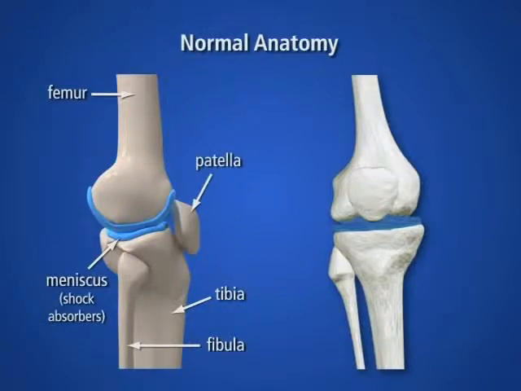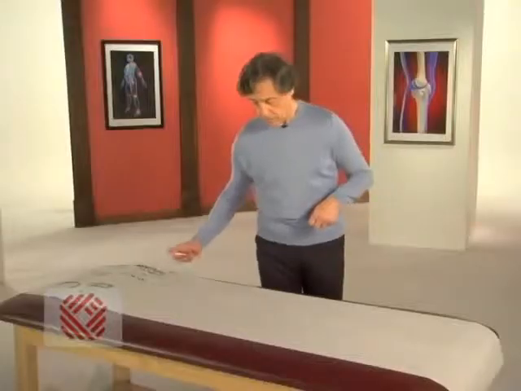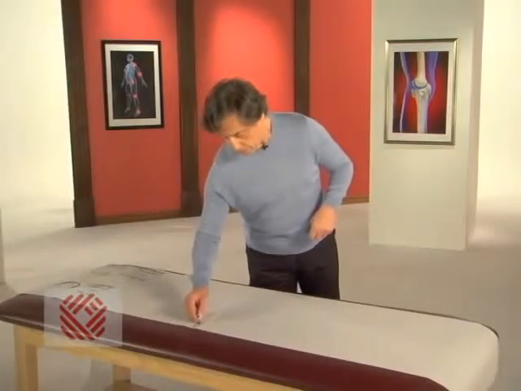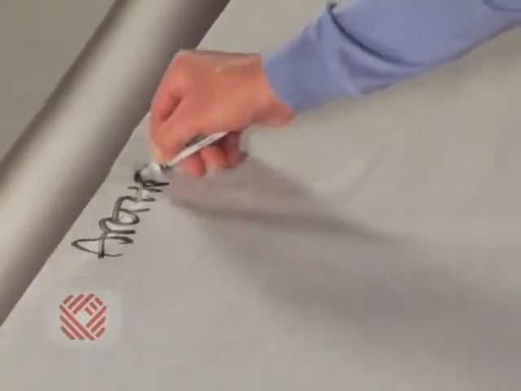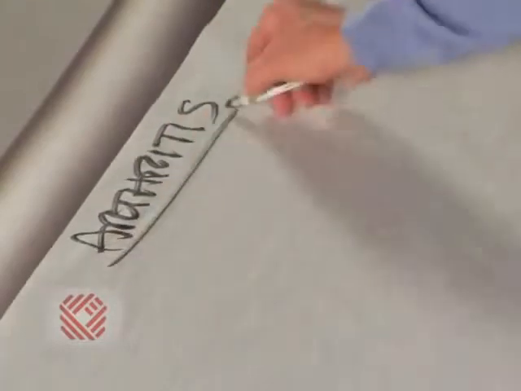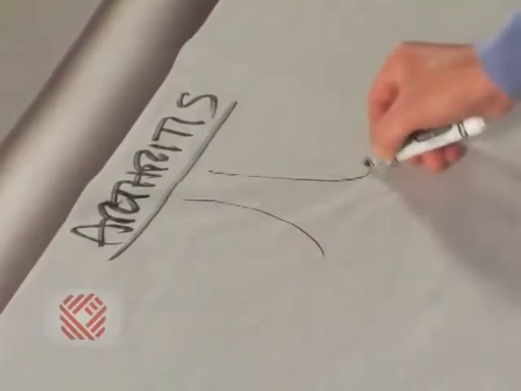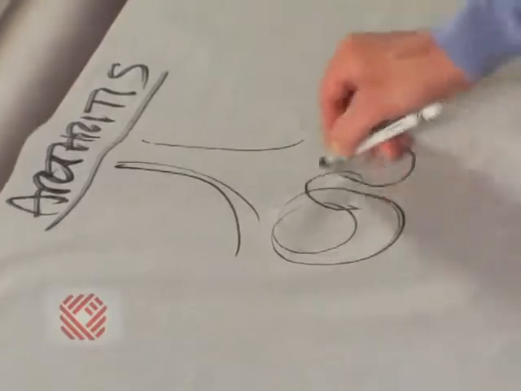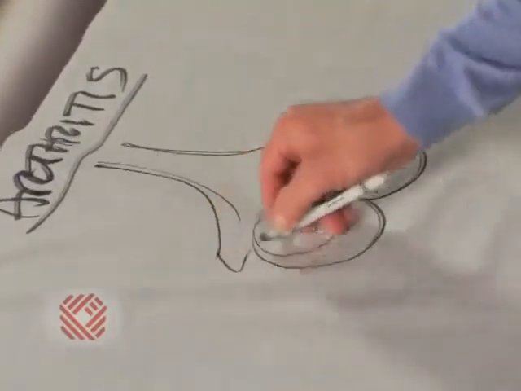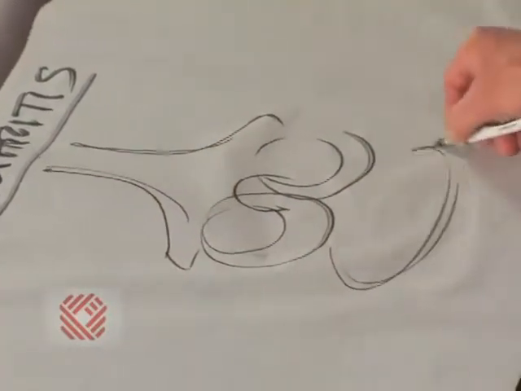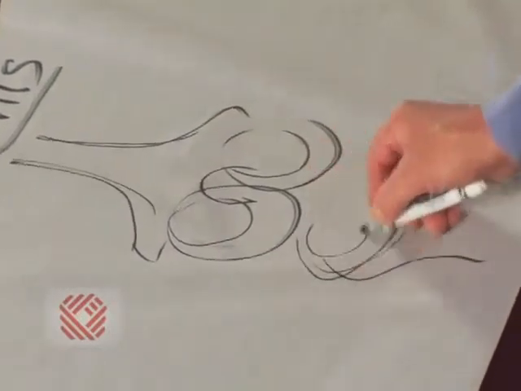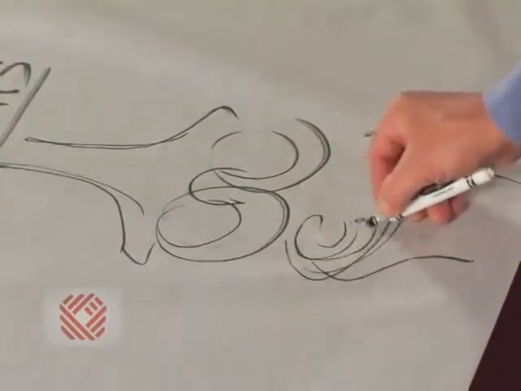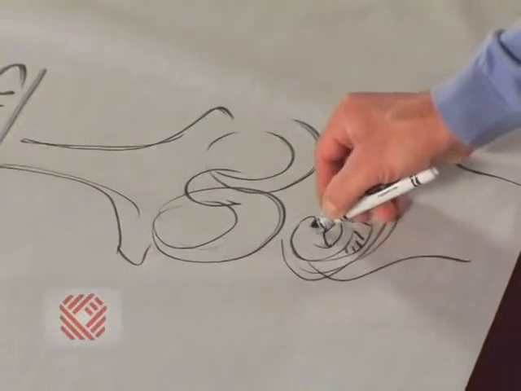Well, now, what happens with osteoarthritis? Well, with arthritis, we have the following changes that happen first to the thigh bone and also to the leg bone and the meniscus.